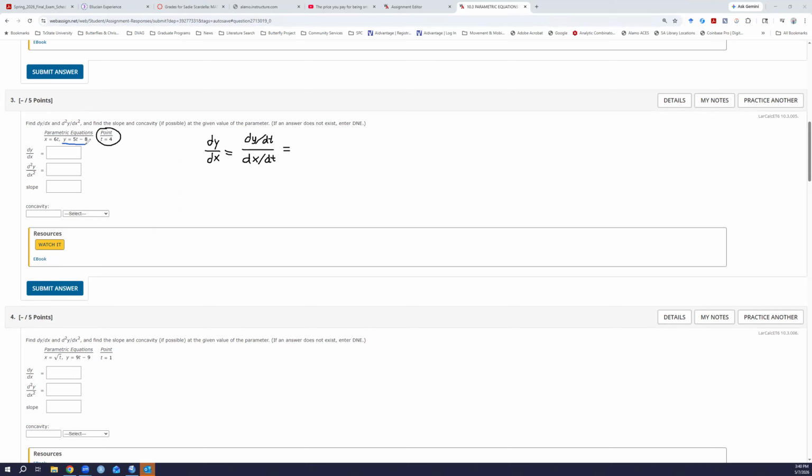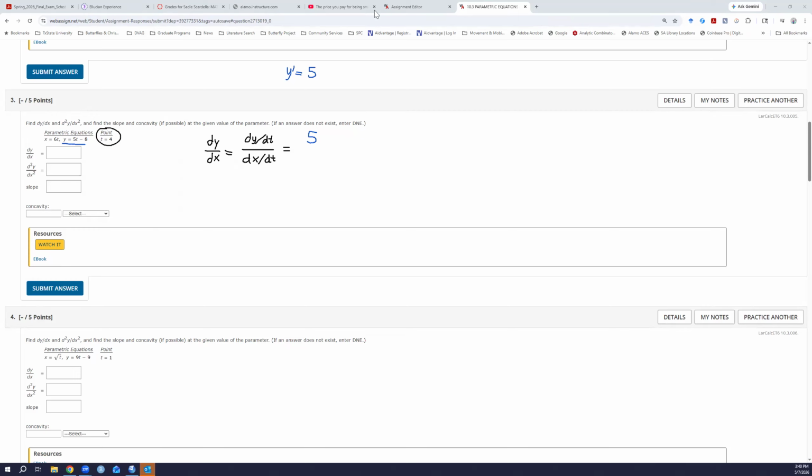We're going to start off with y, which is 5t minus 8. So that means that y prime, remember we're taking the derivative with respect to t, is just going to end up being 5. And then the minus 8, if we take the derivative of that, is just 0. So the numerator is just going to be a 5.